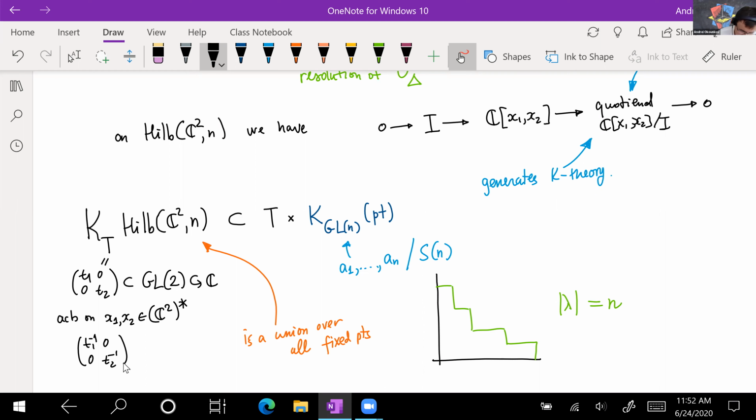I'm just being pedantic here. So the weights of the torus action are going to be 1, T1 inverse, T2 inverse, T2 to the minus 2, and so forth. And then you take the union over this, the Ai's up to permutation.